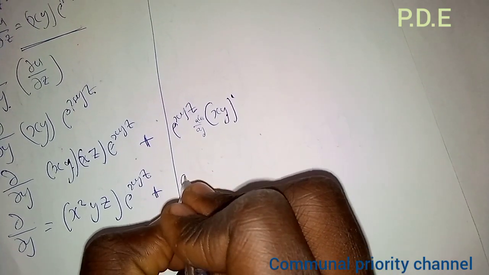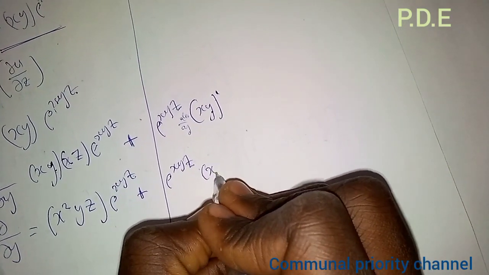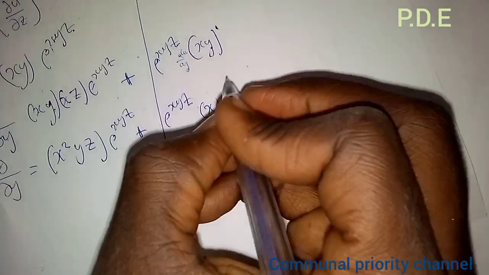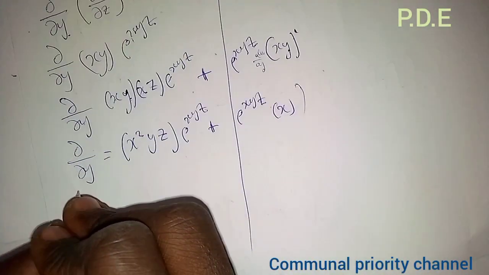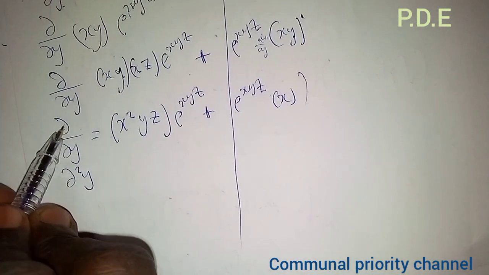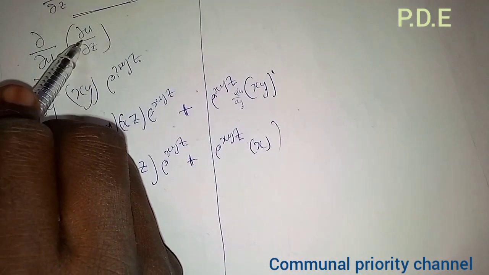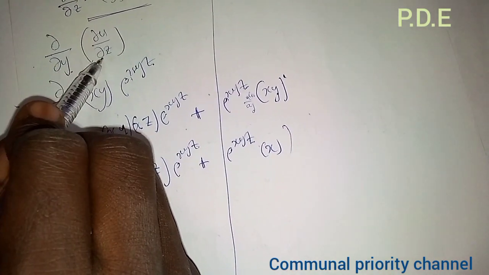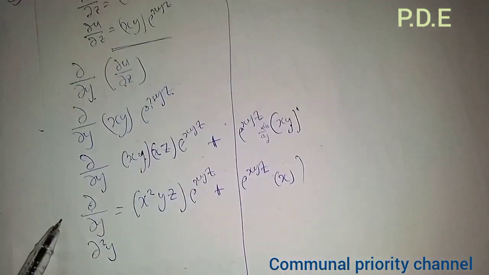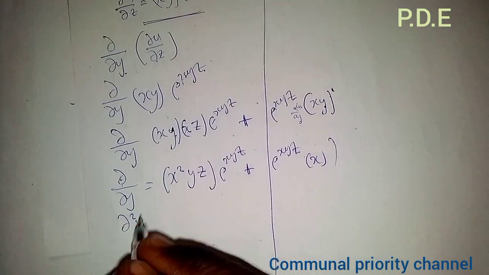So therefore we have our xyz multiplied by x. By adding this together in a bracket, this will give us del square over del y, because it's a second differentiation. We are differentiating the differentiation of du over dx. Du over dx is already a differentiation, and we are differentiating it for the second time.